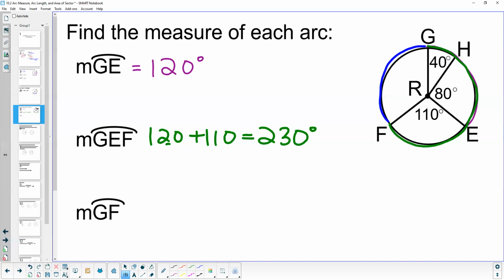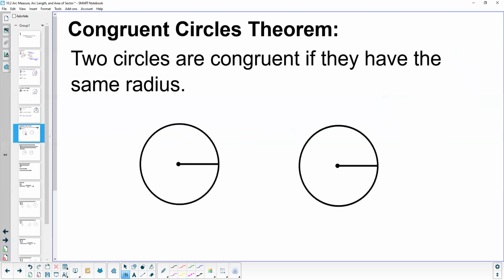So I know that that green one plus the blue one need to equal 360. So I can just take 360, subtract out the measure of arc GEF, which is 230, and I can get that GF is equal to 130 degrees. Bam, there you go.